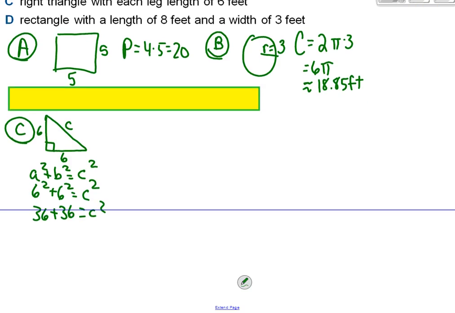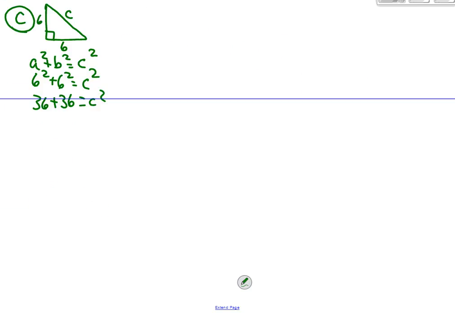I'll push this up a little bit so it's easier for you to see, and then I'll slide it down in a minute. This is 72 is equal to c squared. To get c, we take the square root of 72, and that's approximately 8.49 for our value of c.